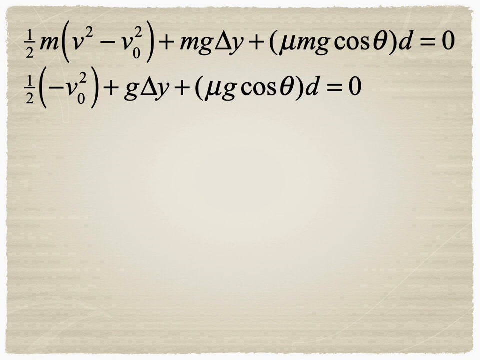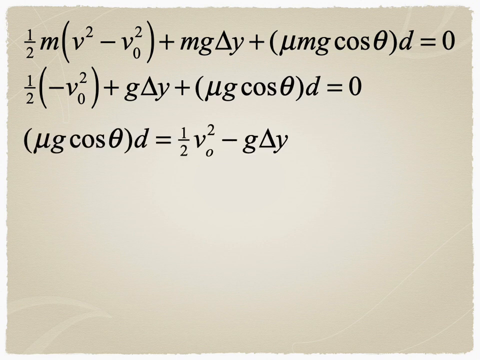So my next step would be to move what remains of our potential energy and kinetic energy to the other side of the equation. So that gives us mu g cos theta times d equals 1/2 v naught squared minus g change in y.